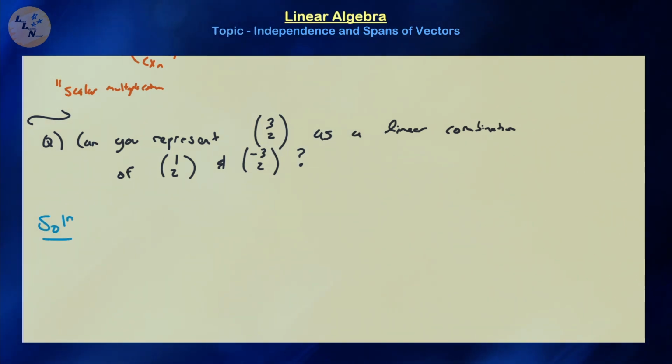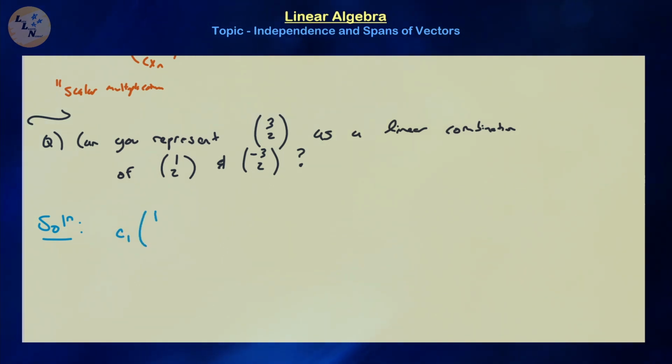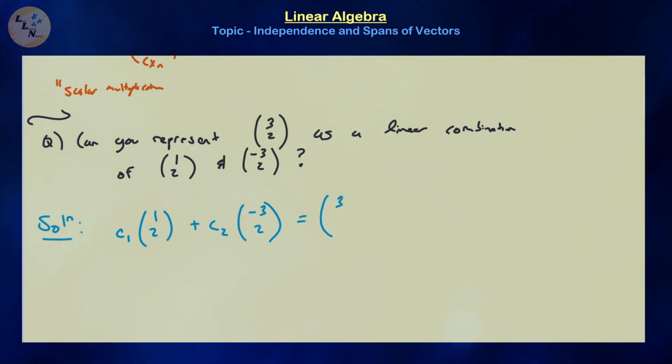So if it does exist, what we're looking for is constants c1 and c2 such that the expression c1 times 1, 2 plus c2 times -3, 2 equals the vector of interest. In particular, that's going to be 3, 2. So that's a vector equation with two unknowns.